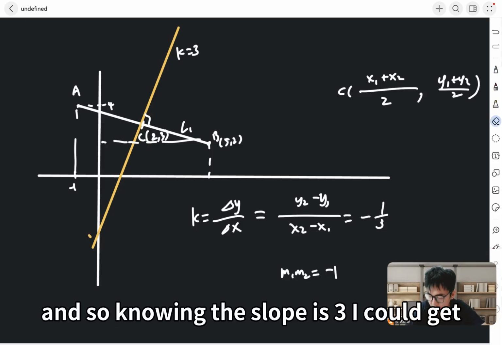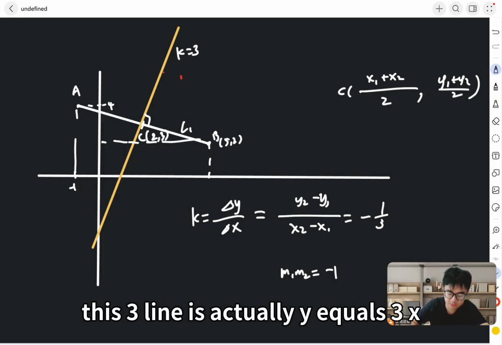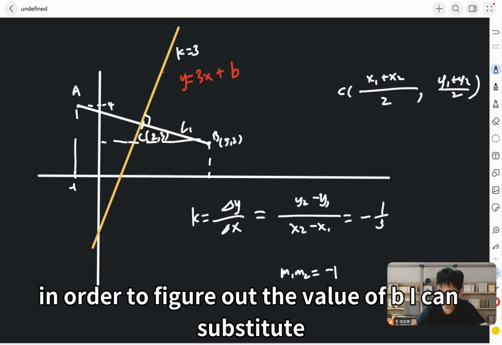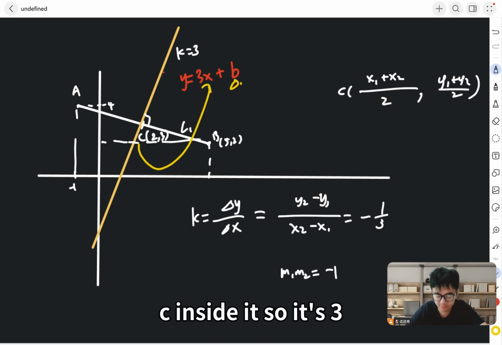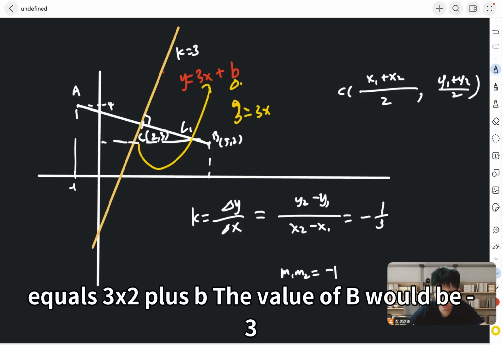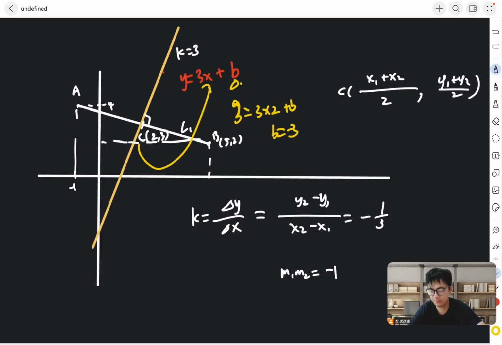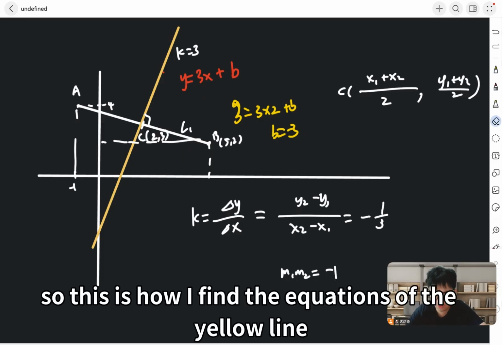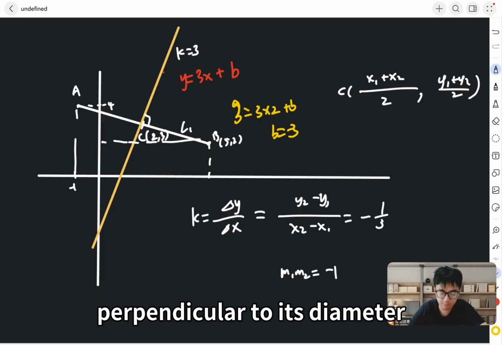Knowing the slope is 3, this straight line is y equals 3x plus b. To figure out the value of b, I can substitute C into it. So 3 equals 3 times 2 plus b, and the value of b would be -3. So this is how I find the equation of the yellow line, perpendicular to the diameter.